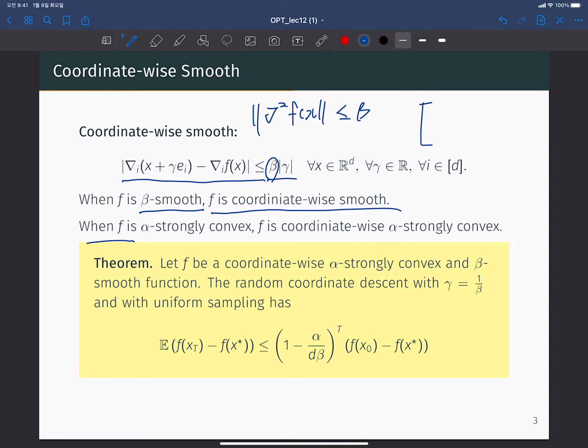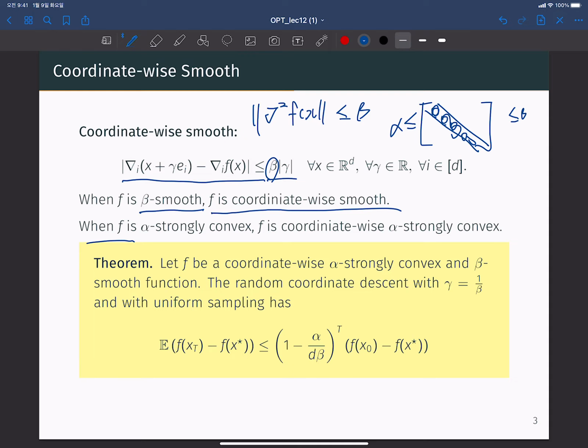When you have a beta-smooth function and you have the Hessian, the diagonal elements must be less than beta, and the diagonal elements must be greater than alpha if your function is alpha-strongly convex and beta smooth. And actually the diagonal term is the second derivative with respect to one specific parameter.